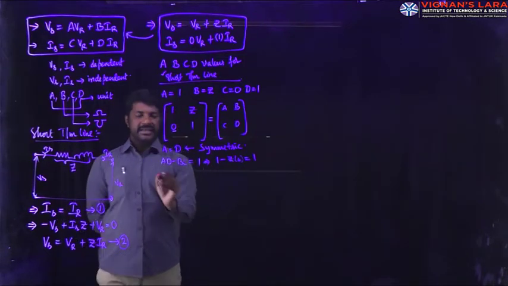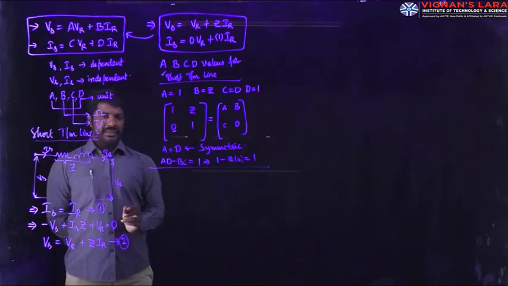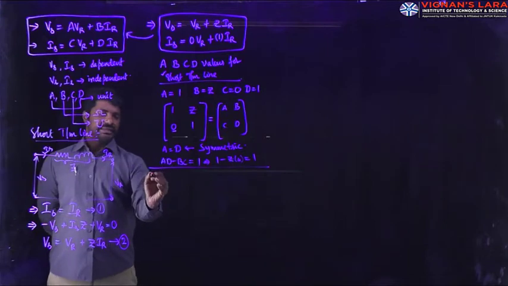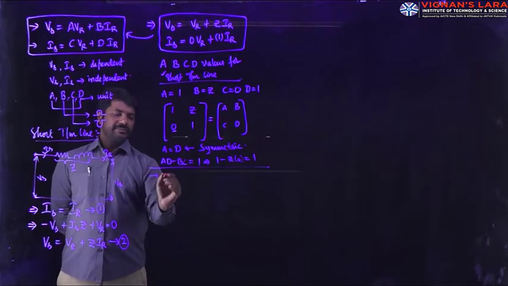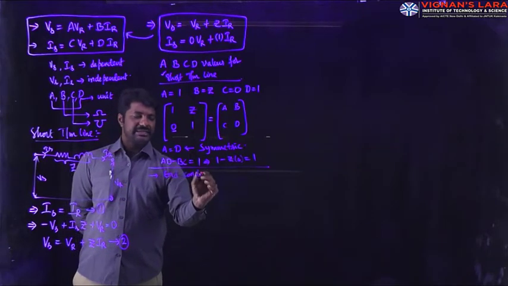In the same lines, now we have to find out for medium transmission lines also. In medium transmission lines, we know that the line is modeled with the end condenser method. So let us start with the end condenser method.